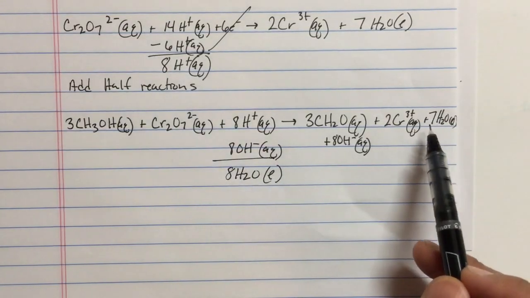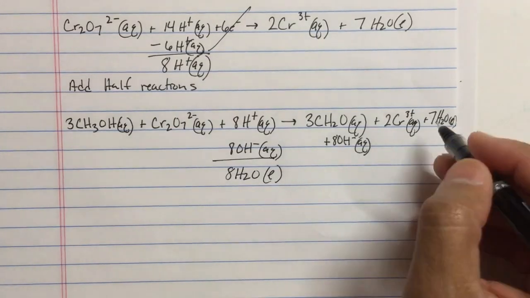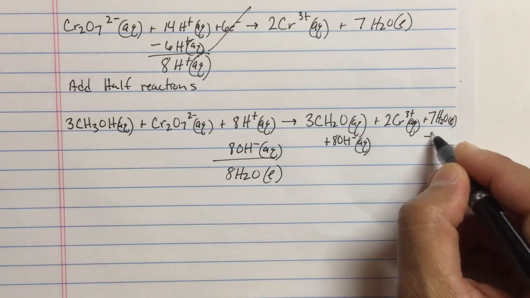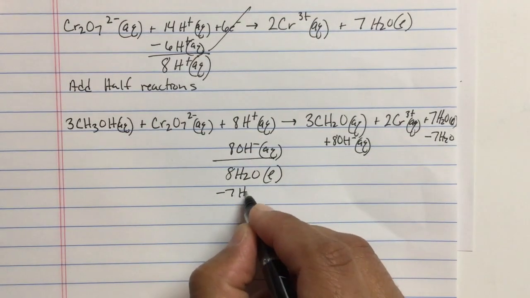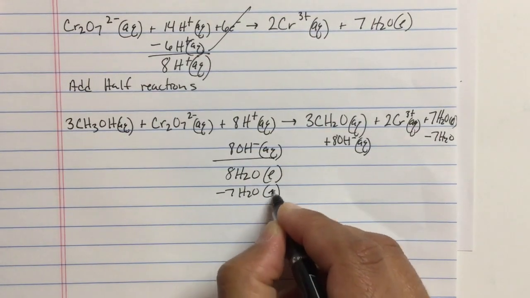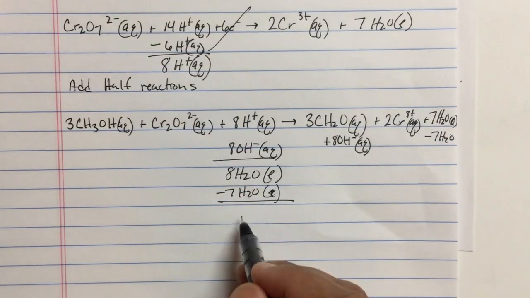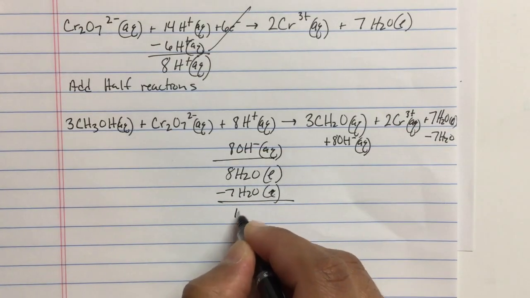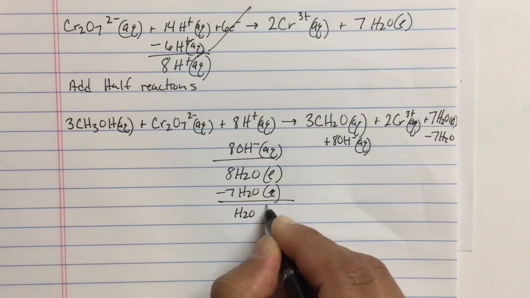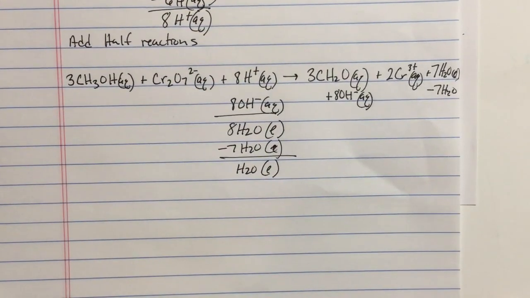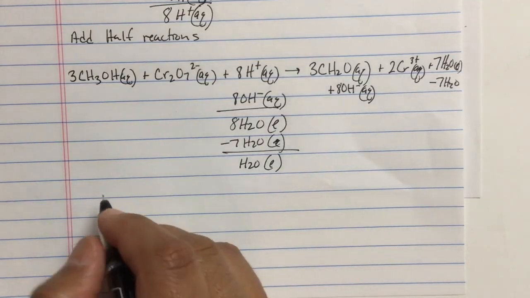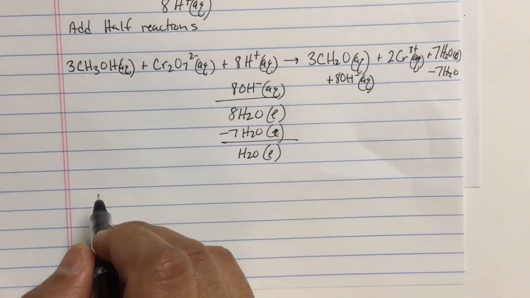We've got 7 waters on the product side. So as you can imagine, 7 waters here will cancel 7 waters here. And the net is 1 water. So again, let me rewrite this. Here's my final balanced equation.